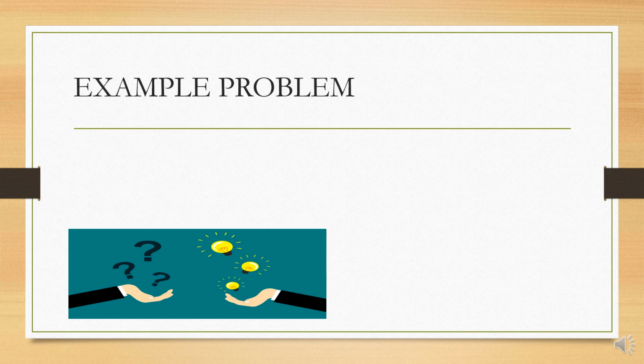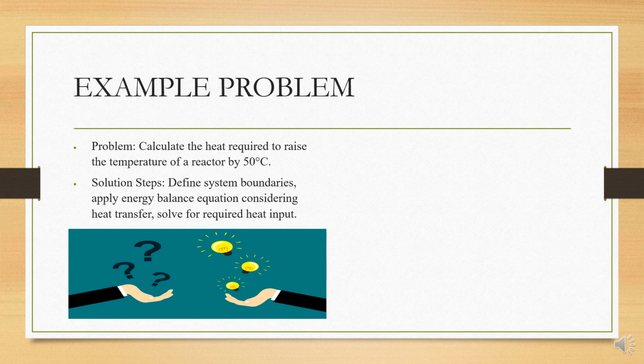Example problem. Calculate the heat required to raise the temperature of a reactor by 50 degrees Celsius. Solution steps. Define system boundaries. Apply energy balance equation considering heat transfer, and then solve for required heat input.